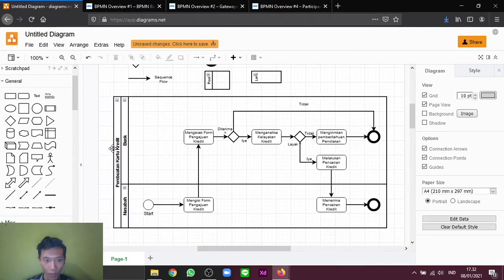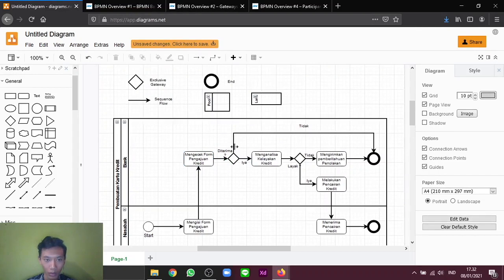Let's go to my BPMN. For the first, I have the nasabah, the customer, and the bank. First, the nasabah starts and completes the form to make the credit card. And next, this form flows to be checked.